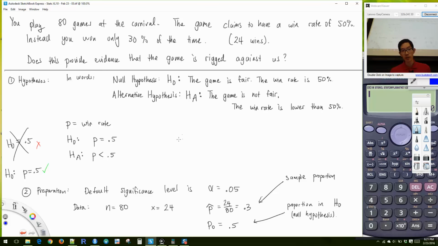Maybe a little tip for hypotheses is that the null hypothesis will always have an equal sign.